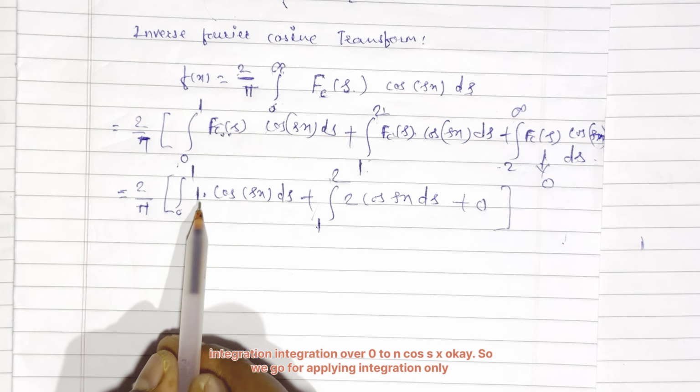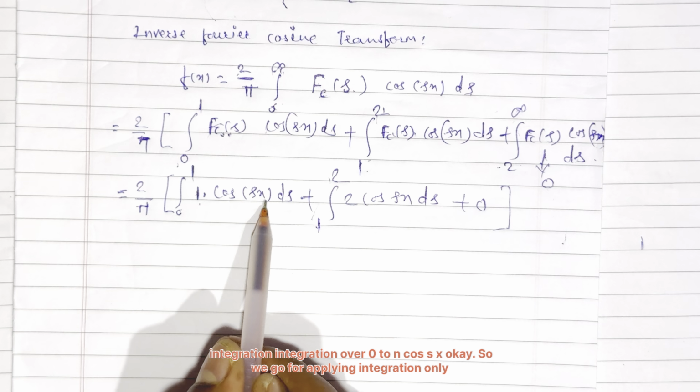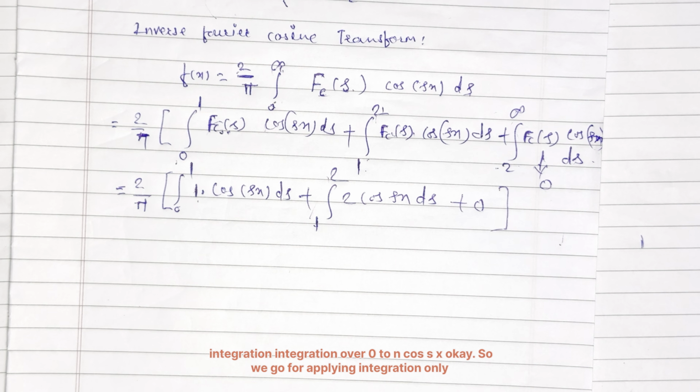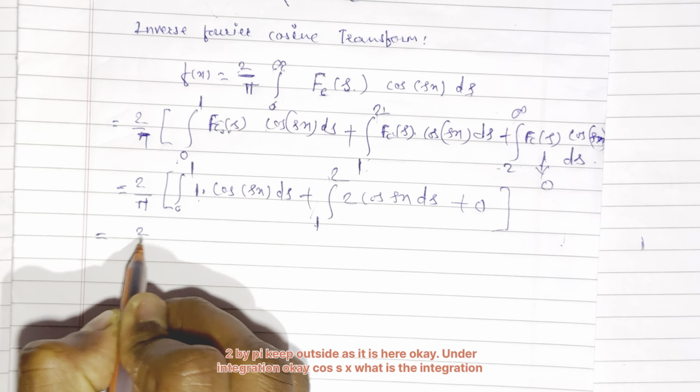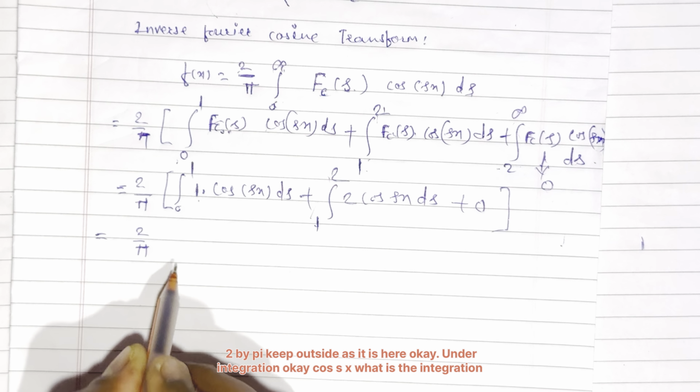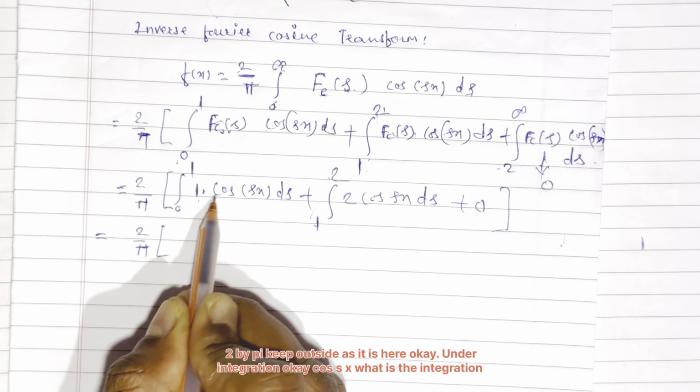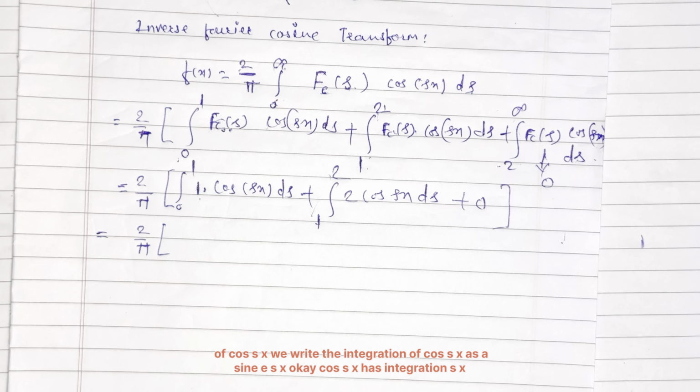Now go for solving the integration over 0 to 1 of cos sx. So we go for applying integration. 2 by pi keep outside as it is here. Under integration, what is the integration of cos sx? We write the integration of cos sx as sin sx, and sin sx has an integration of minus cos sx.